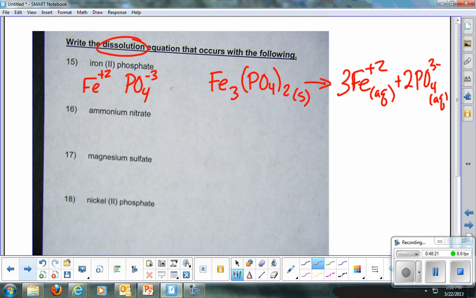It's aqueous too. What does aqueous mean? It means dissolved in water. But that's an easy way to remember it. Okay, that's all you do. That's the answer to that one. That's it. Okay, yes? If it has a charge, it's AQ. If it has a charge, it's AQ.